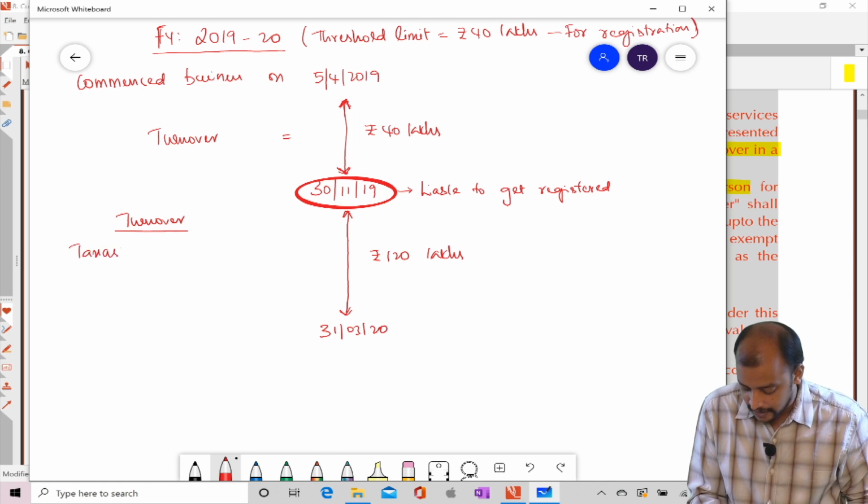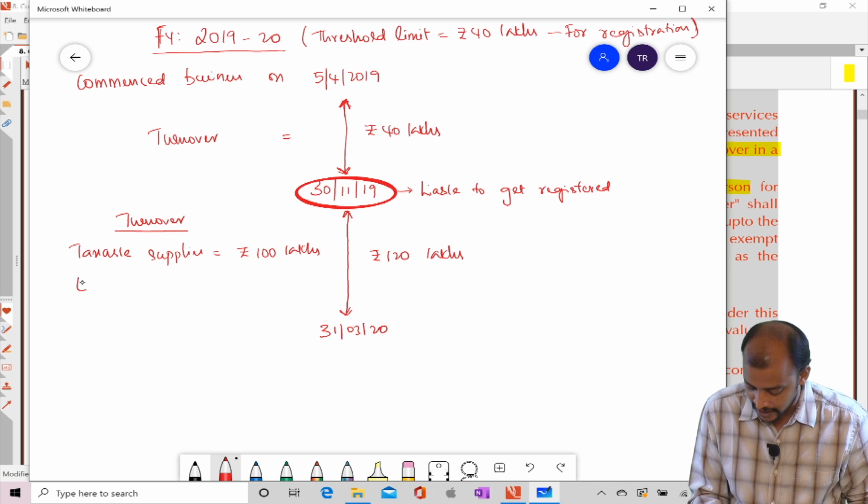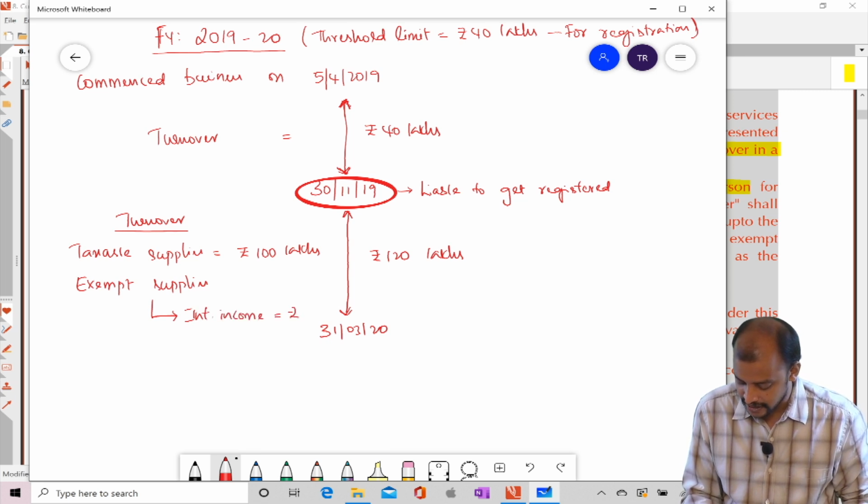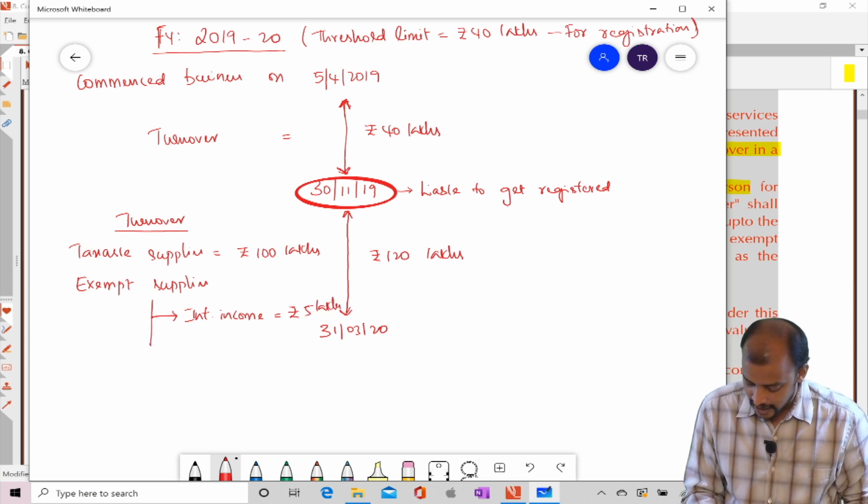Taxable supplies rupees 100 lakhs, exempt supplies. In exempted supplies we have interest income 5 lakhs and other exempted we have 15 lakhs.